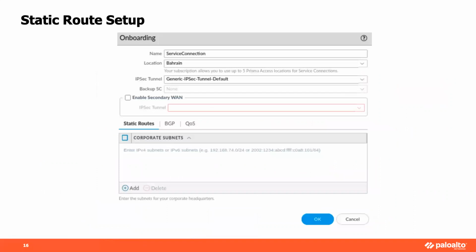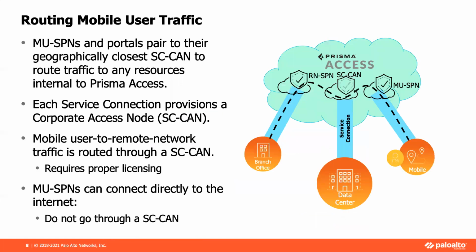When it comes to routing protocols supported by Prisma Access, there are two. Static routes, where basically we can advertise, for instance, what IP addresses are available, say at a branch office.